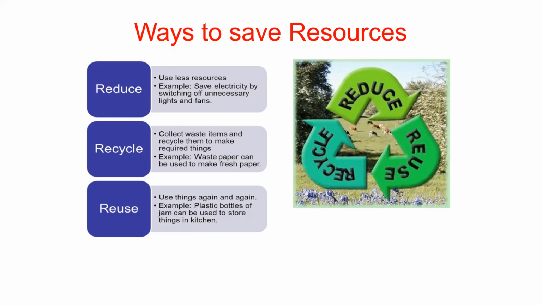Reduce. Where we can't refuse the non-biodegradable items, then we need to reduce their use. Then reuse the items, and then go for recycle. So if we follow these 4 R's, definitely our natural resources can be managed. We can help them to sustain.